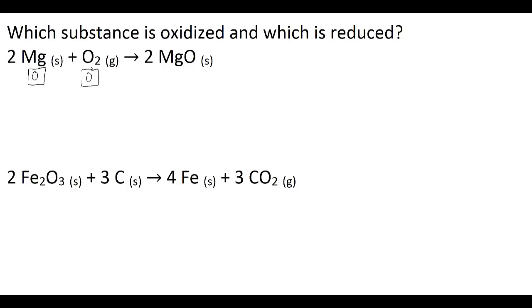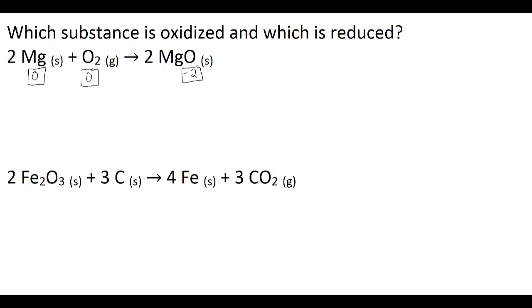In the product, you have a different story. When oxygen is bonded to something, it's going to have an oxidation number almost always of -2. The oxidation numbers for all of the elements in a given compound have to sum to the charge on that compound. In the case of magnesium oxide solid, the charge is 0.